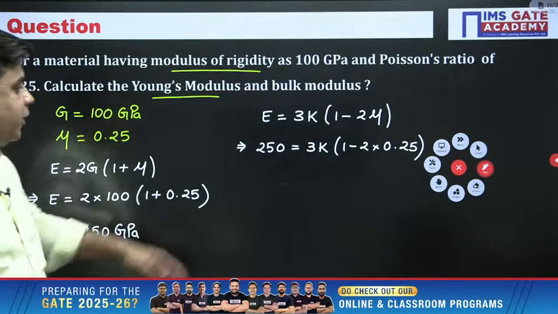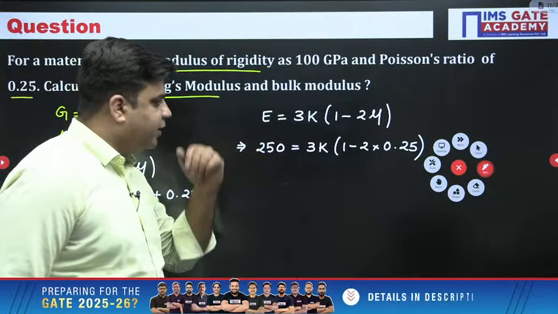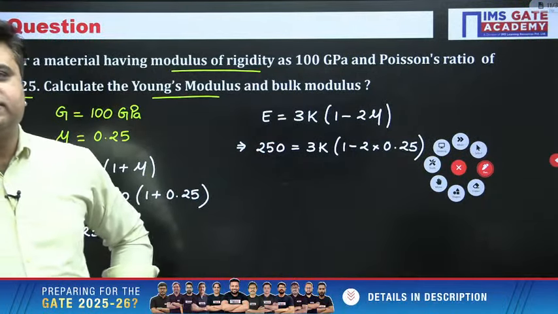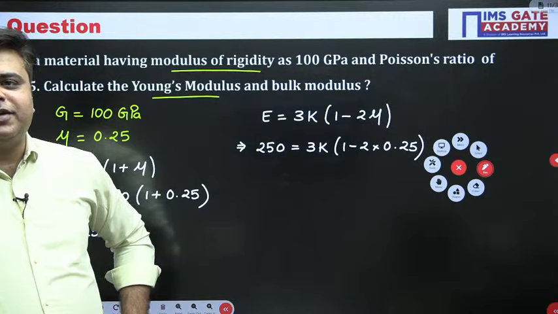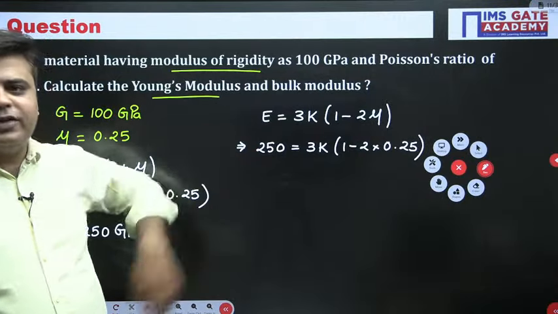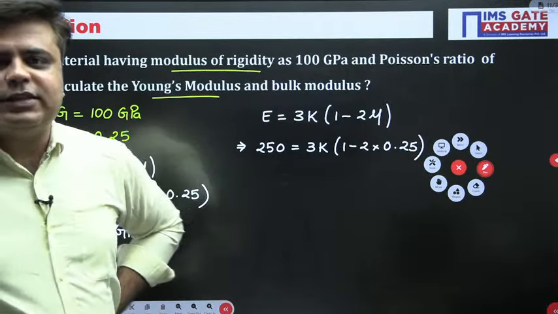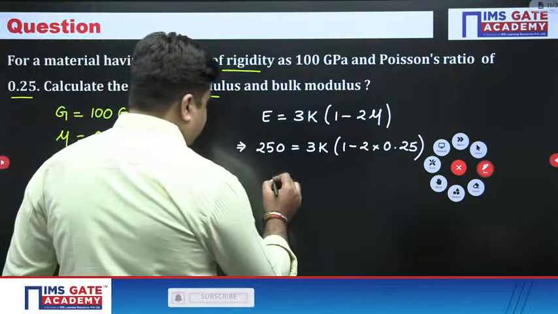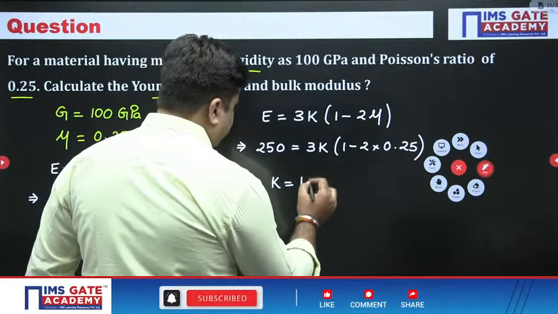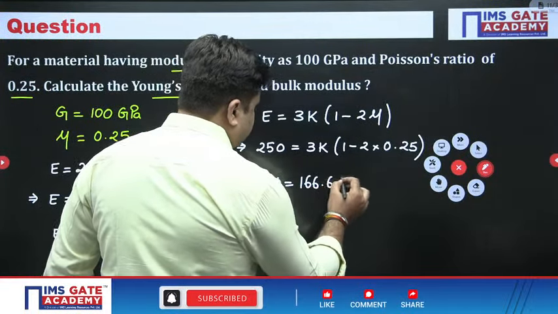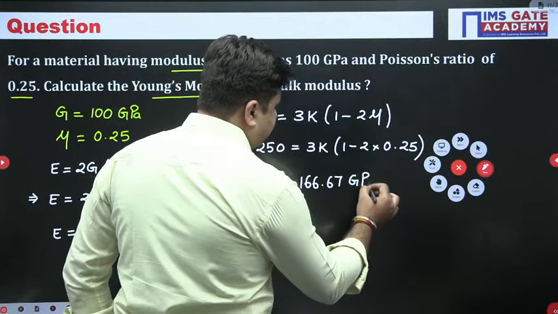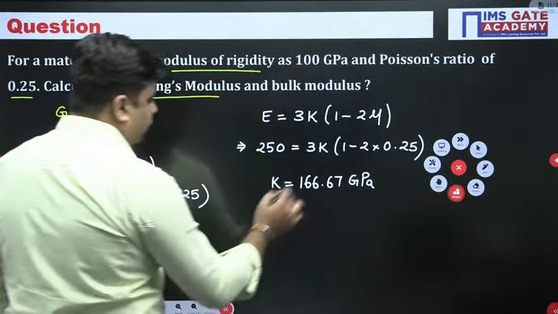No, this will be 0.5, so this will be 500 by 3. Sorry, 500 by 3, which is 166.67. The value of K is 166.67 gigapascal, right?